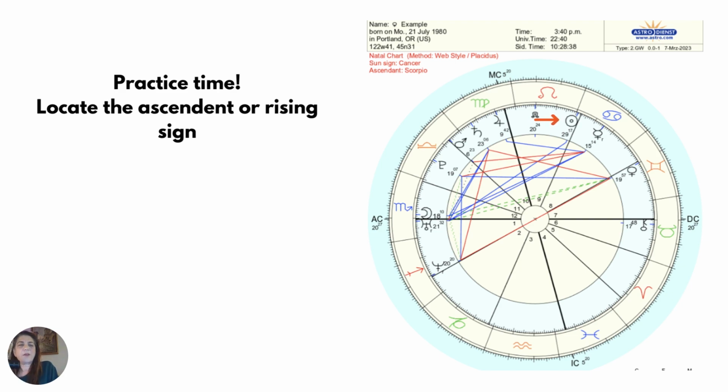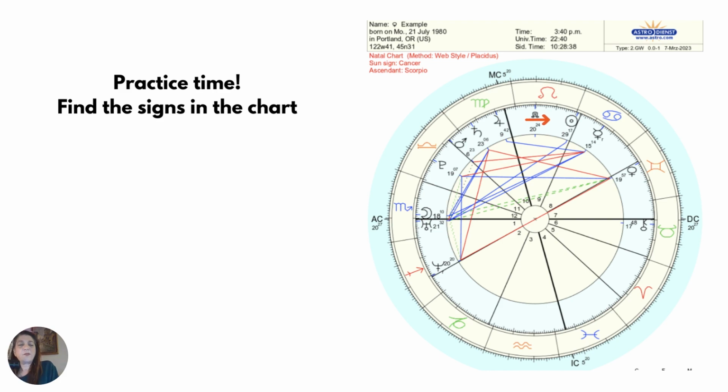All right, let's find the ascendant or the rising sign. Right there where it says AC, you see that line? And we can find the sign right above it where it says Scorpio. Again, you can check at the bottom of the chart key. So all of the information is actually there. You just have to know how to read it.